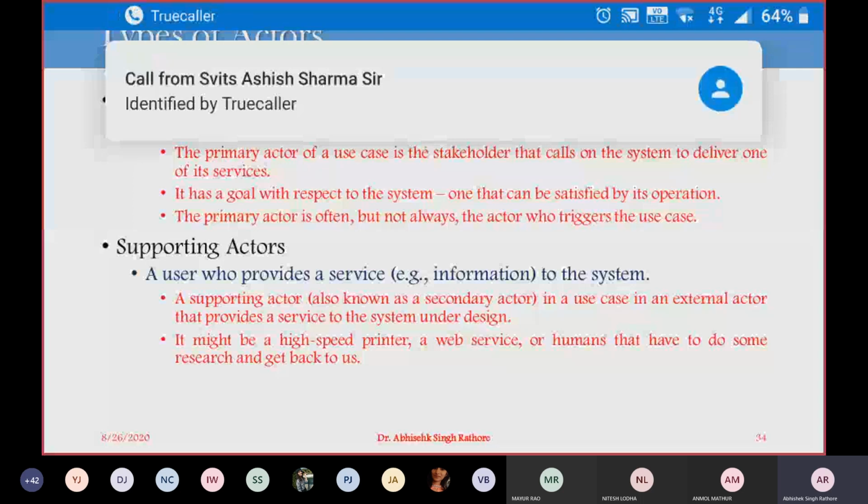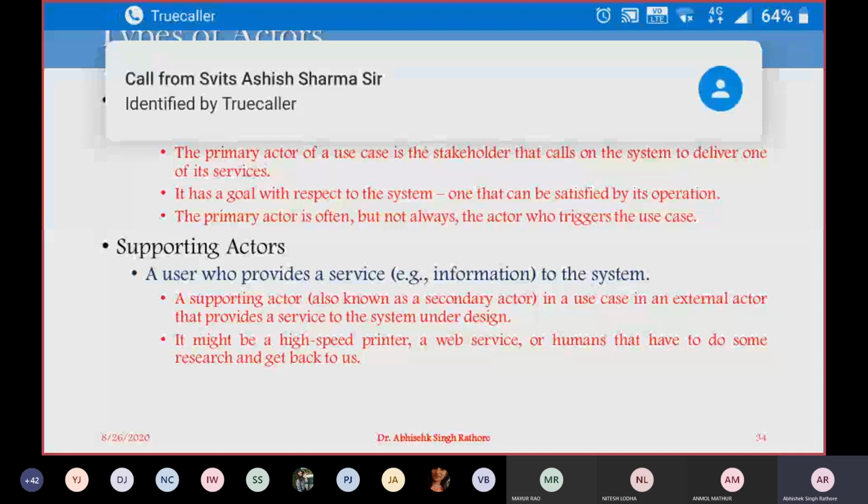So who are the supporting actors? Supporting actors provide services to your system. Primary actors get services from your system, and supporting actors provide services to your system. A payment gateway is providing services to us, so this is a supporting actor for our system.